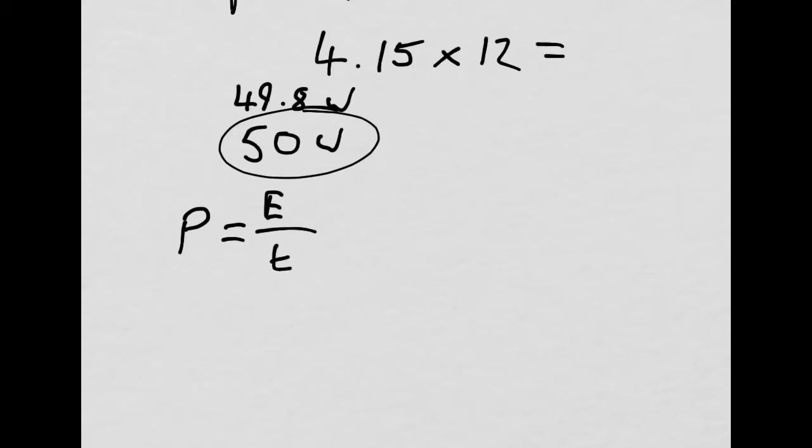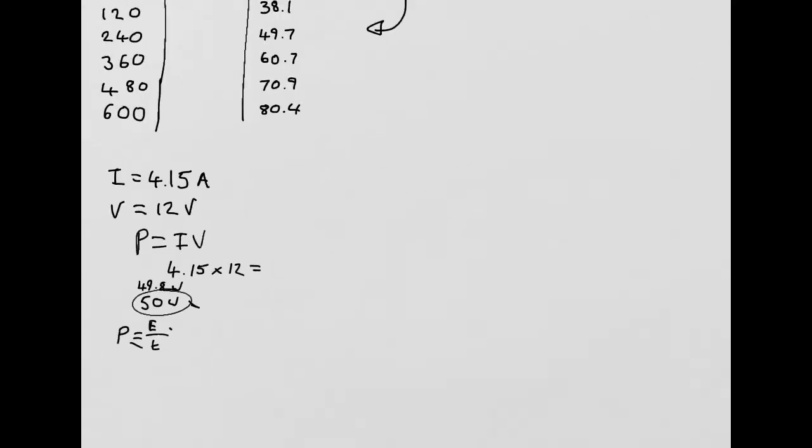So power is just energy divided by time. We can rearrange that. P times T will give us E. Okay, so power times time, that's 50 watts times whatever time we've got, is going to equal the energy that we transfer into the block.